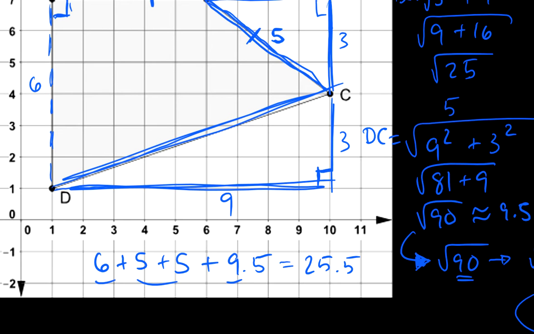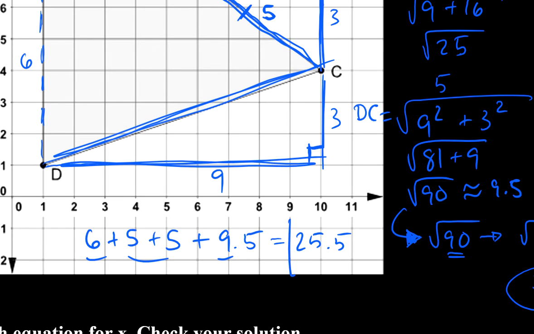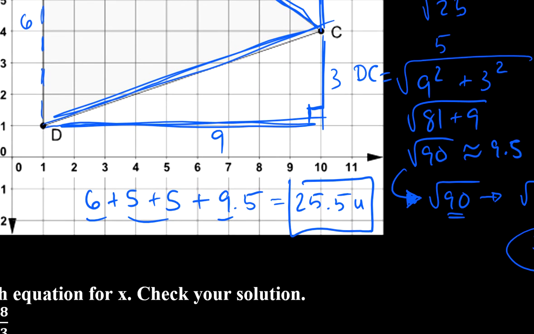So 10 plus 15 is 25, and then we've got the 0.5, so 25.5. So my perimeter is 25.5. And I'll just put U for units because I don't know how far apart these are, if these are inches or millimeters, but they're units.